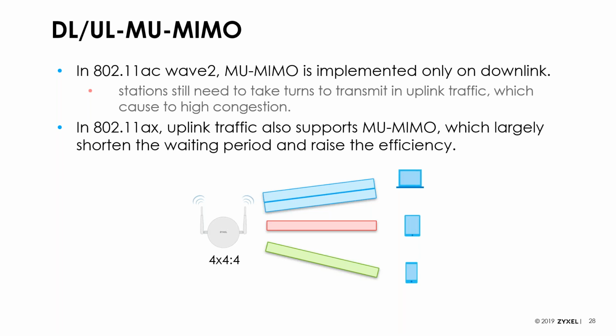So for example, on this slide, we have a laptop with a 2x2 antenna in the network interface card, so it can utilize 2 antennas at the same time, receiving and transmitting. And then we have a tablet and a mobile phone that have only 1x1 antennas, so they are able to use those at the same time as well, making the process once again much more efficient, and the devices don't need to wait that long.